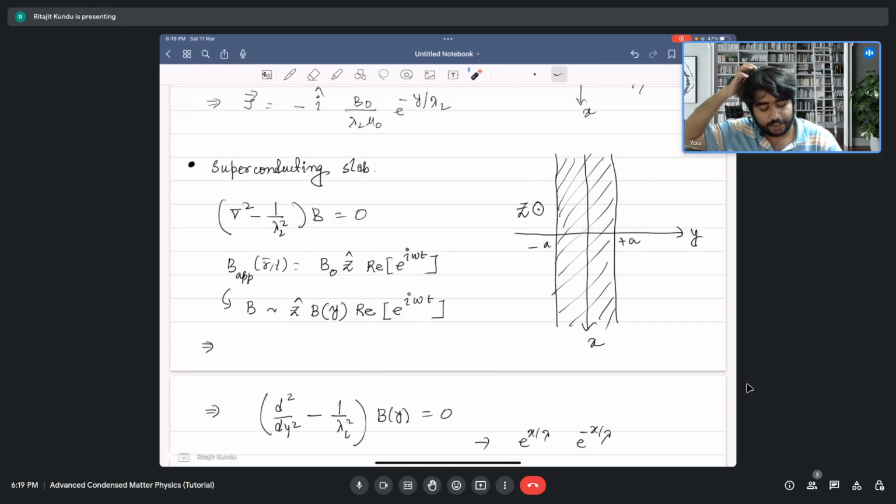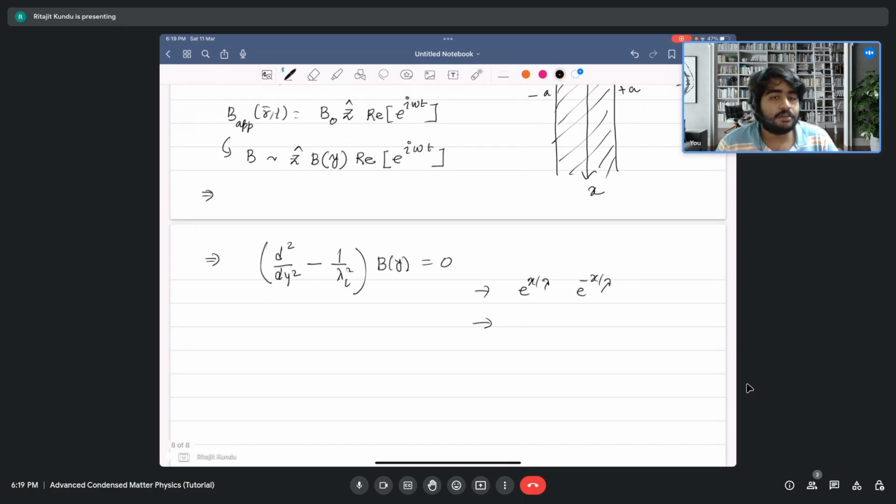But e to the power x and e to the power minus x are neither odd nor even. So we'd like to take linear combinations of these, which are just called cosine hyperbolic and sine hyperbolic: sine hyperbolic of x by lambda L and cosine hyperbolic of x by lambda L. You don't have to do that. You can start from e to the power x by lambda and e to the power minus x by lambda, and you will get exactly the same thing, but by doing this we reduce a few steps.